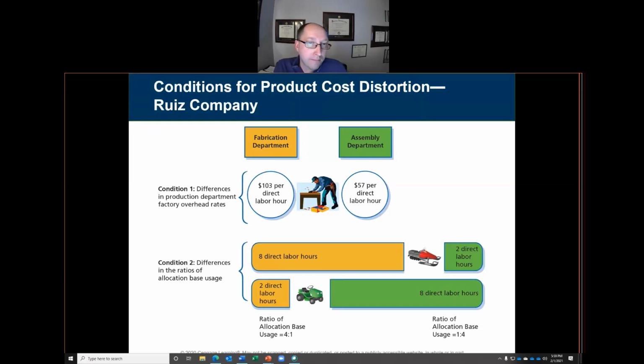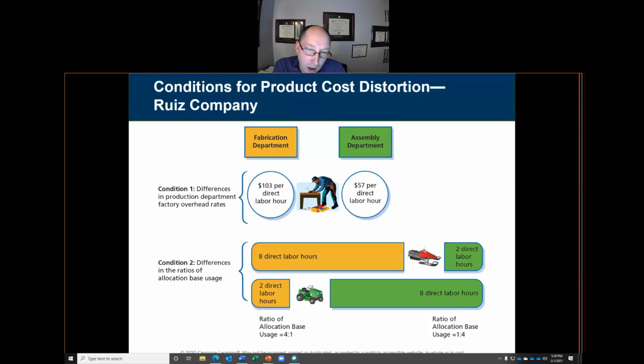Conditions for fabrication and assembly. We know that the departments are different because we use a different number of hours for each product. So we got $103 for fabrication, $57 for labor. And we simply apply those amounts to the hours utilized for each product within the department. For the snowmobiles, it's 8 hours of labor in the fabrication department, so 103 times 8.